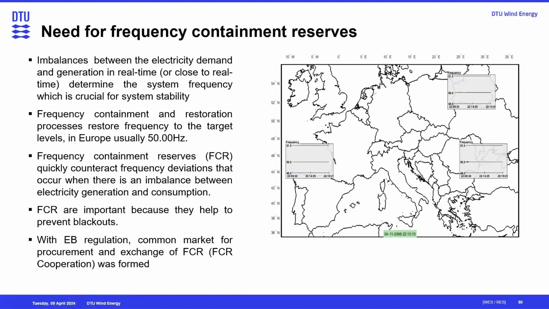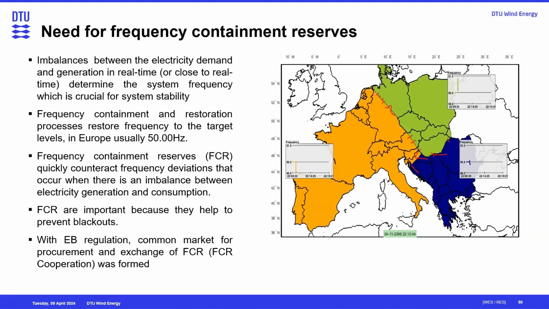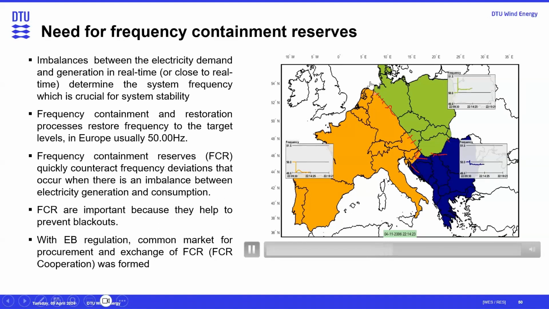So this happened in the 2006 blackout. What happened here is a nice story. It takes time, but I cannot avoid that. In Germany, a barge or ship was supposed to cross a bridge, and the bridge was supposed to open.